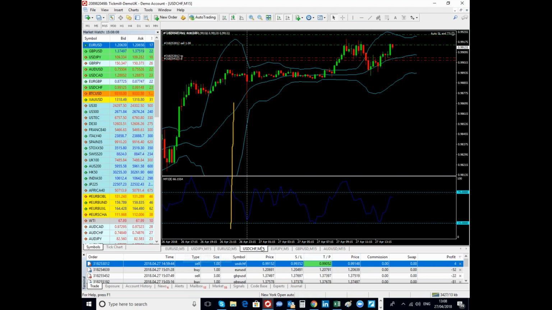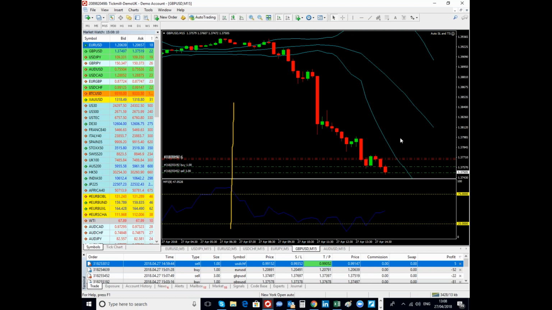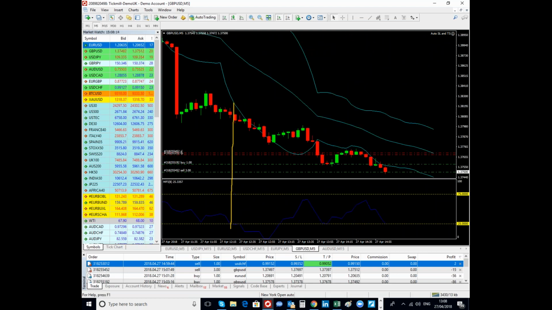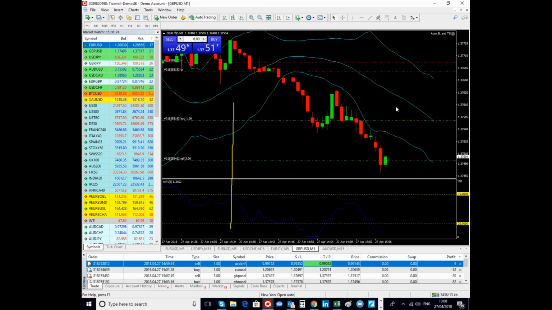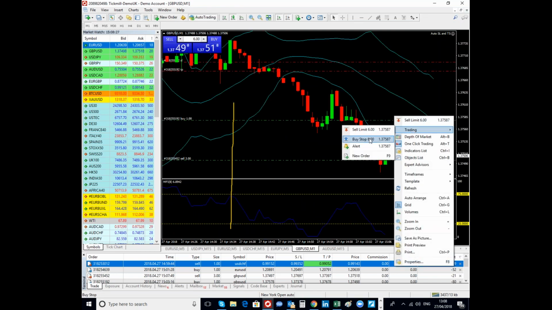Now look, pound dollar has triggered us to the downside in that sell. We have to have another trade in place just in case. So there we go. Buy stop.